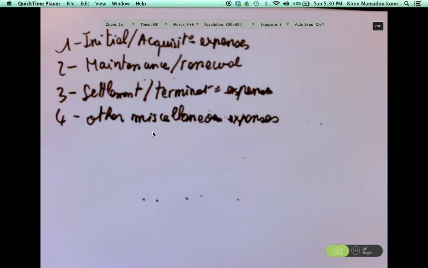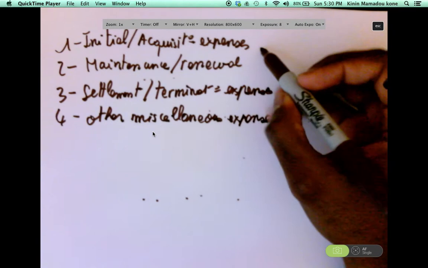Okay, so initial expense is incurred when the policy is issued. So cost of underwriting.